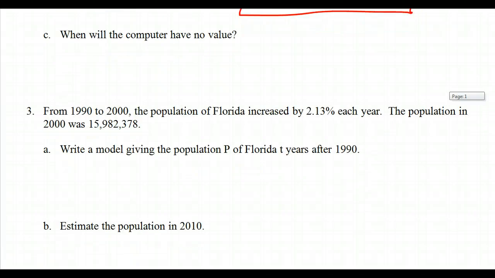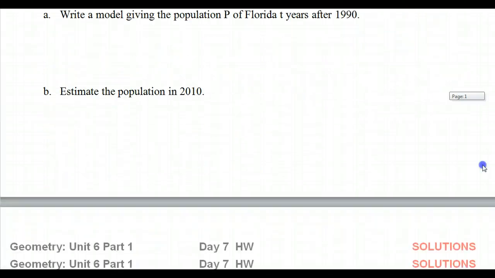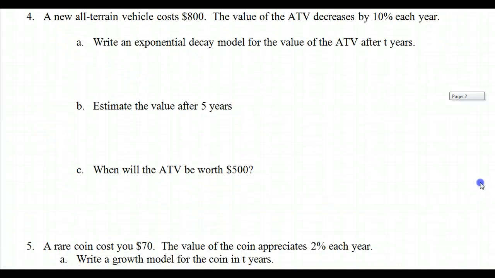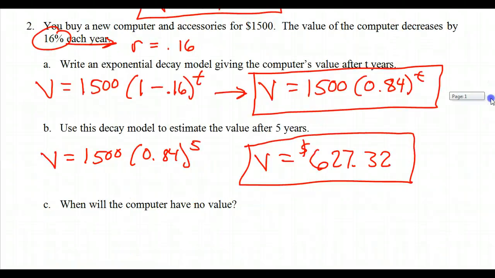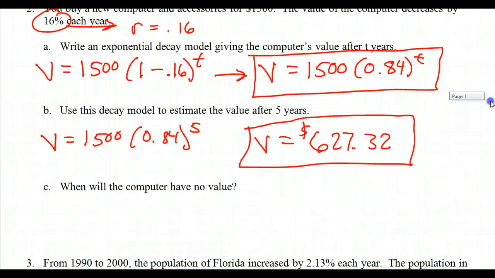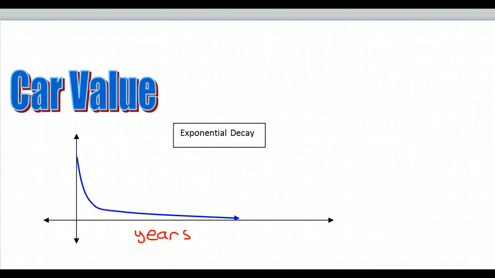This is kind of a silly question. There will never be a time that the computer will have no value at all. Exponential decay involves getting closer and closer and closer to 0, but you never get there.